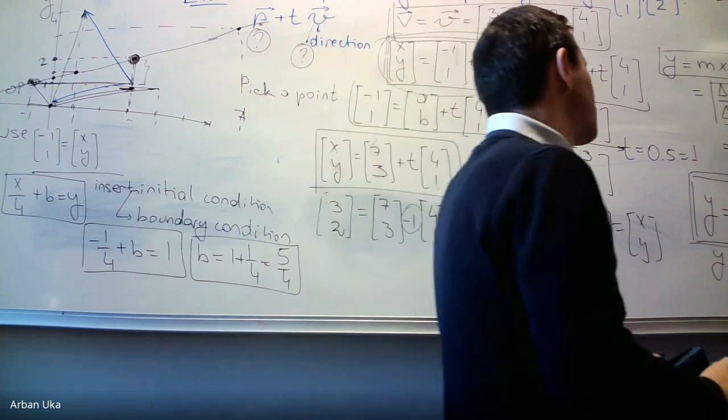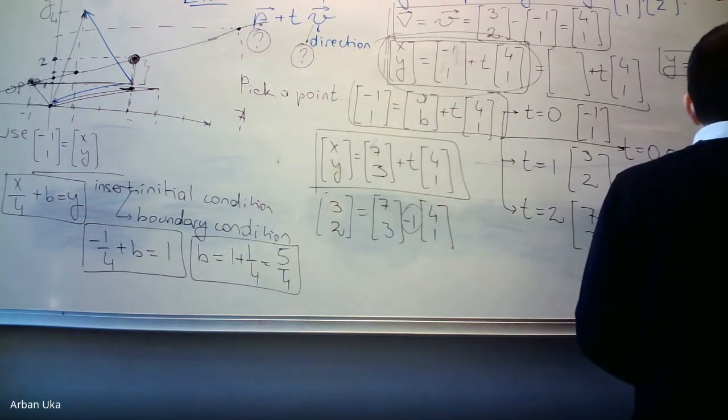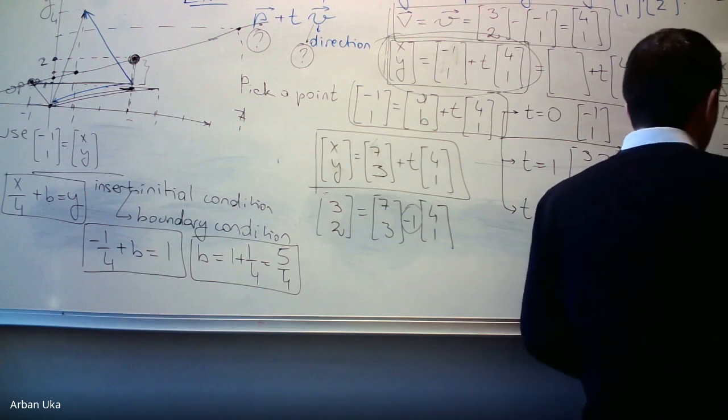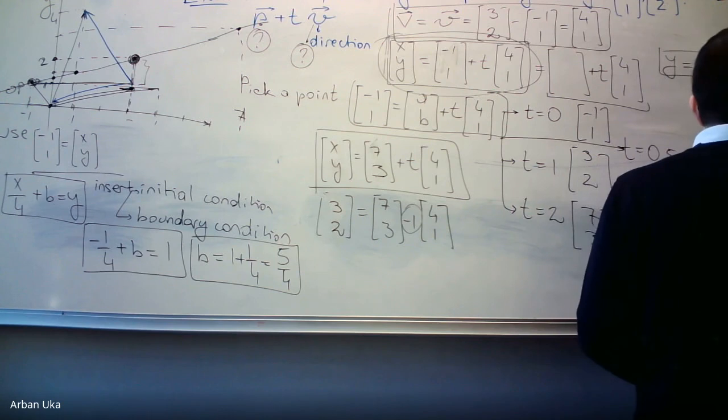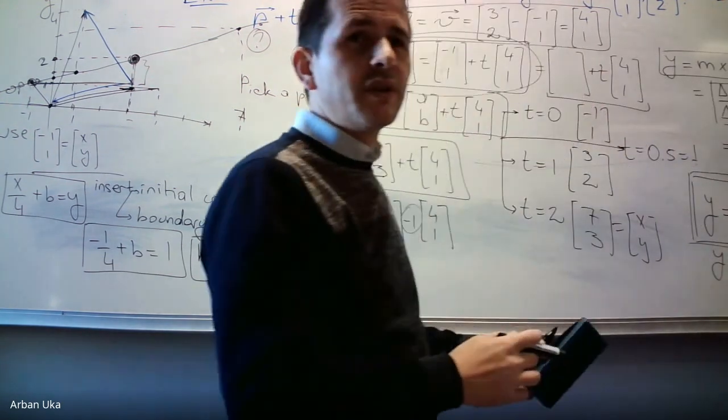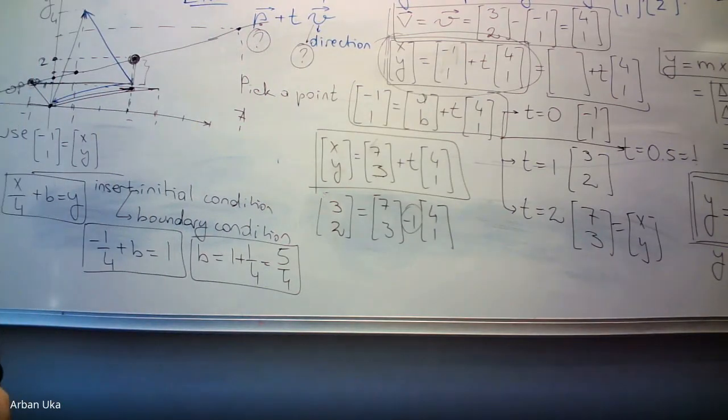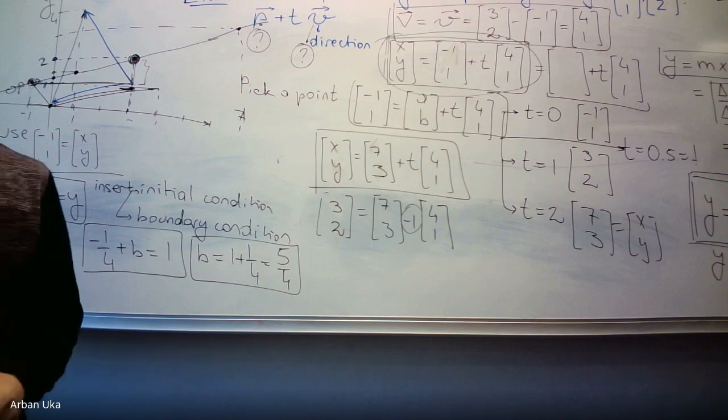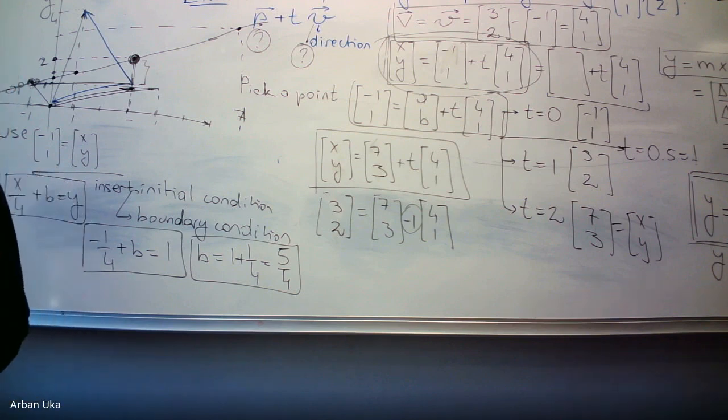Well, yes, x is 1x, it's the same thing, right? I believe that we can leave it like this. We're not doing too many tricks. So the equation is going to be y is equal to x over 4 plus 5 over 4.